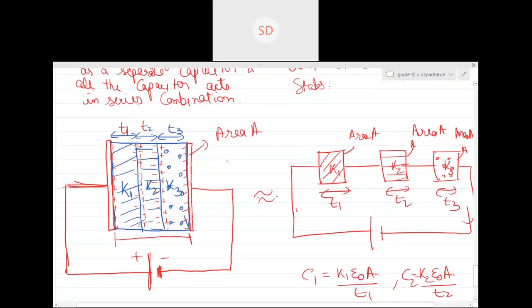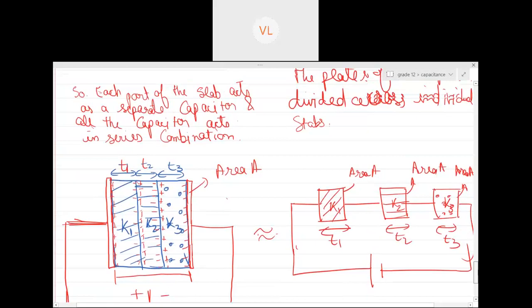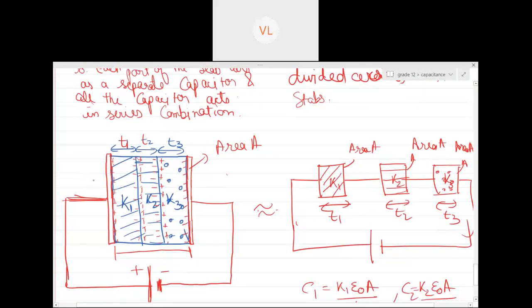What if you insulate the plates? Usually the plates are made of conductors, right? So we insulate it so that electrons are not facilitated. Why would we ever insulate?